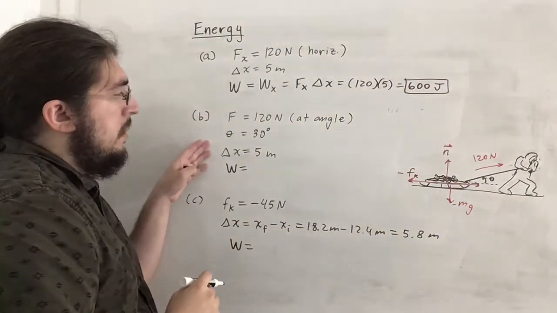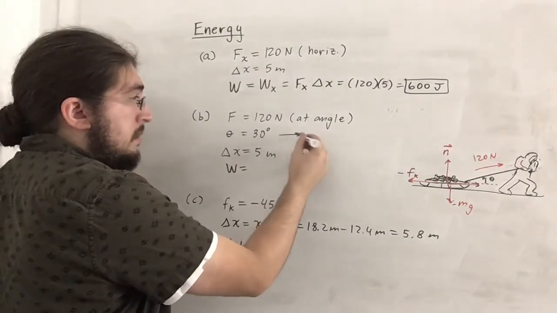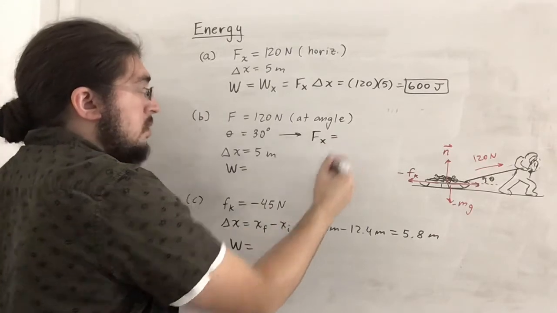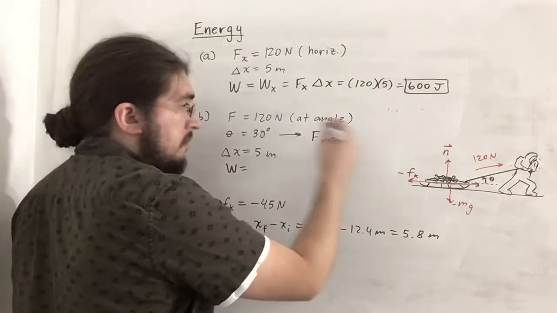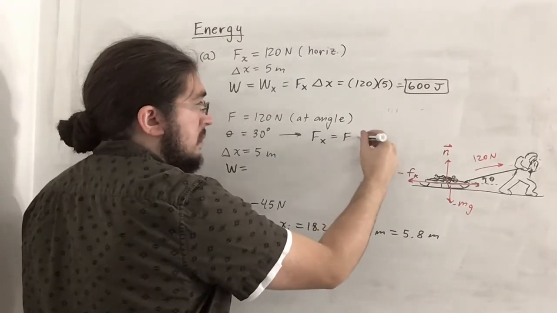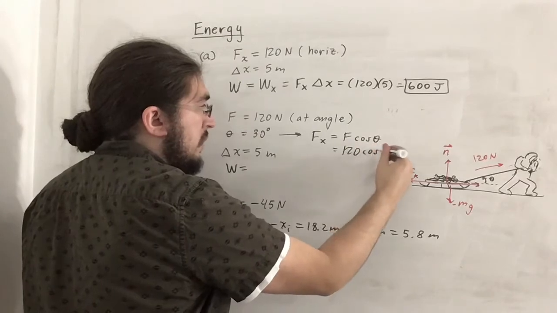Now here, we have to consider the horizontal force, because we have this angle. The horizontal component of this force vector would be F times cosine of the angle. So that's 120 times cosine of 30 degrees.